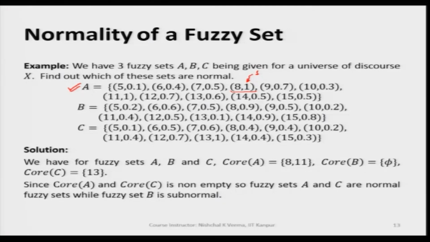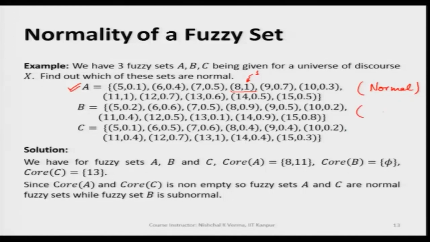So, at least means at least one such point is present for which the corresponding membership value is 1. So, A is a normal fuzzy set.